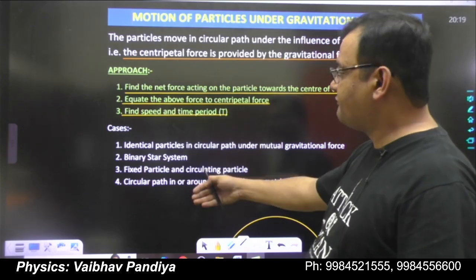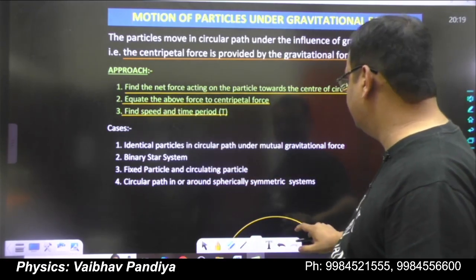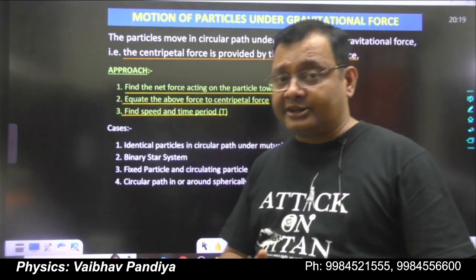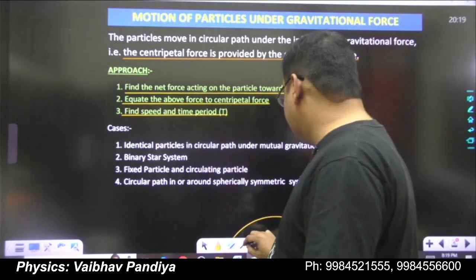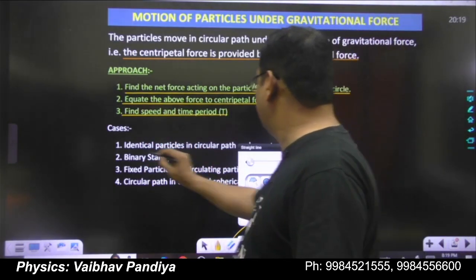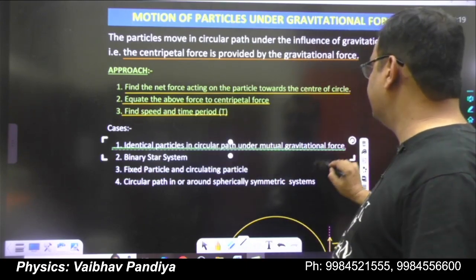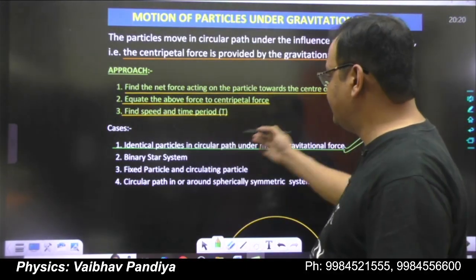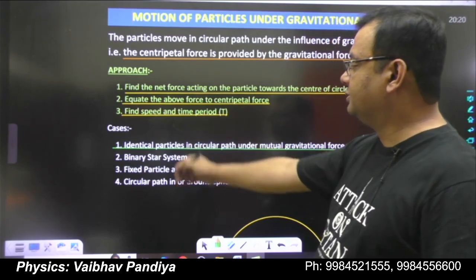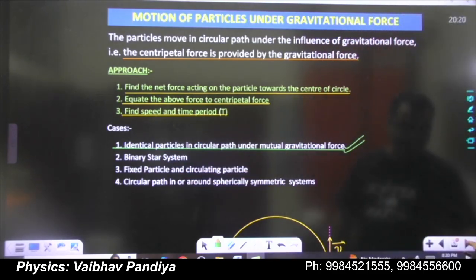Okay, so these are the different cases which will be covered in this article. In today's lecture, we will see application 1, that is the identical particles moving in circular path under mutual gravitational force. So this is the subject of today's lecture, and in the subsequent lecture we are going to explore the further applications 2, 3 and 4.